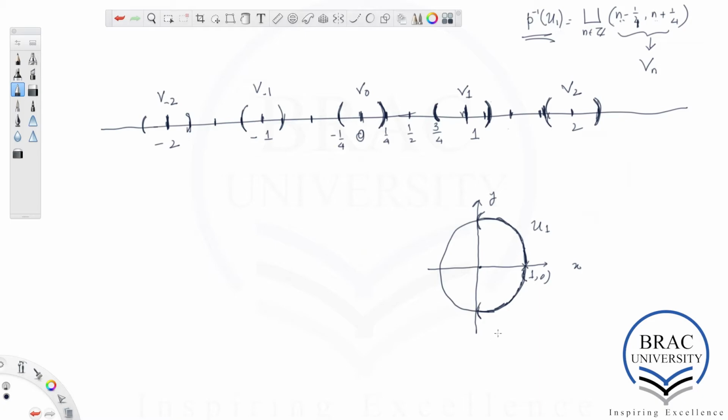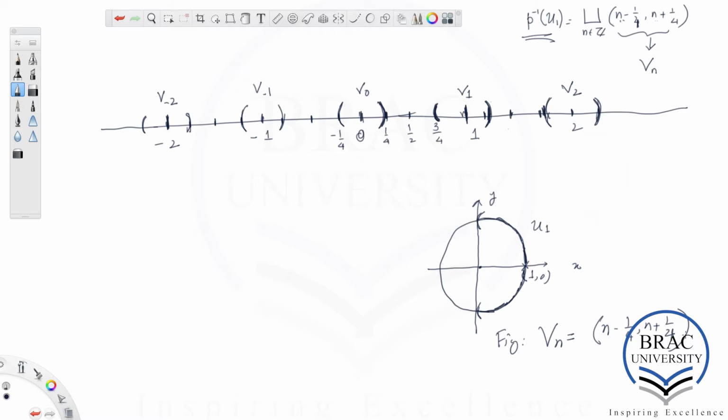Okay, the caption of the figure is Vn. It's simply Vn from n minus 1/4 to n plus 1/4. Okay, so it depicts a few of the open sets of the family, which are mutually disjoint from each other.